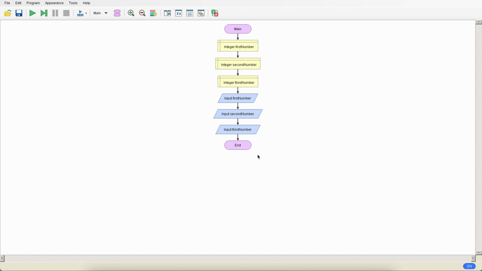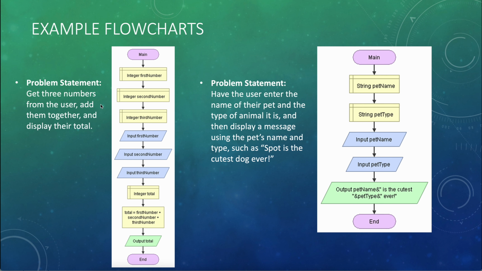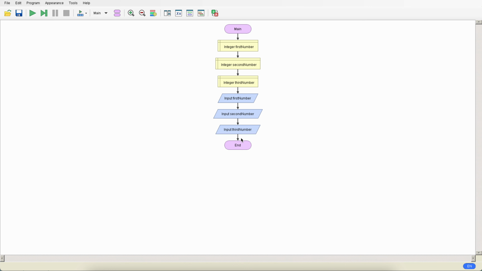Now that I've had the user input their three numbers, I can use those values in a calculation. Now remember, according to our problem statement, the goal is to add those three numbers together and display their total. So I need a place to store that total.